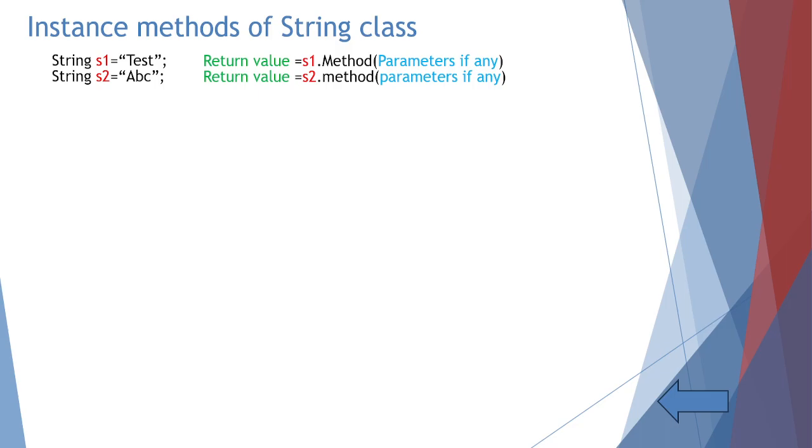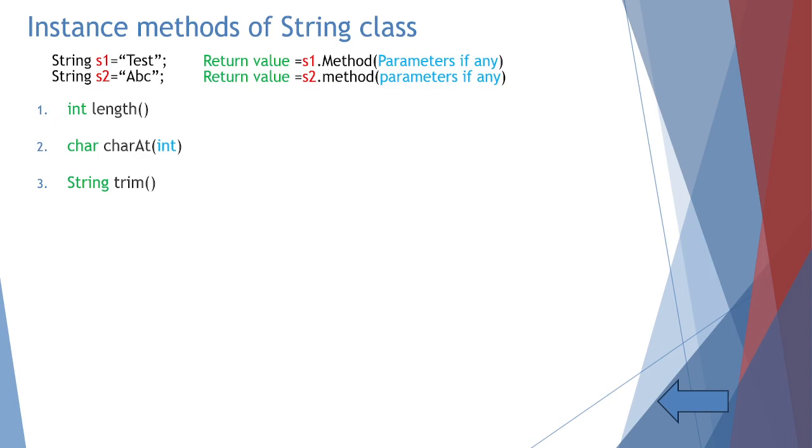If that method returns a value, we store the value in that particular data type. Second example, s2.method. That means we are calling that method from the object s2 or s1, depending on which object we have used before the dot operator.